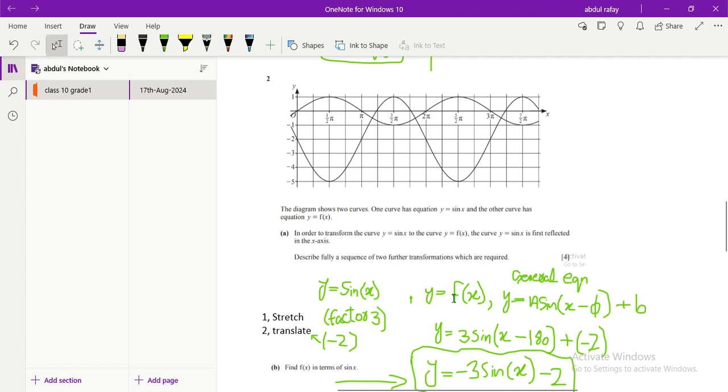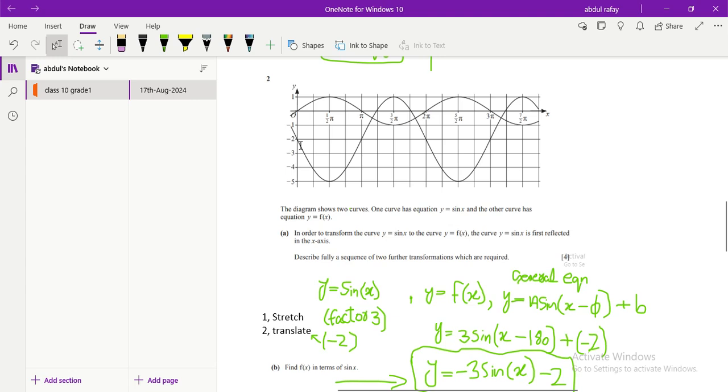What two transformations do you need so that you get the second curve? First is the stretch, and second is the translation. How will you stretch this curve, and what factor do you require so that your y equals sine x curve will look like this?